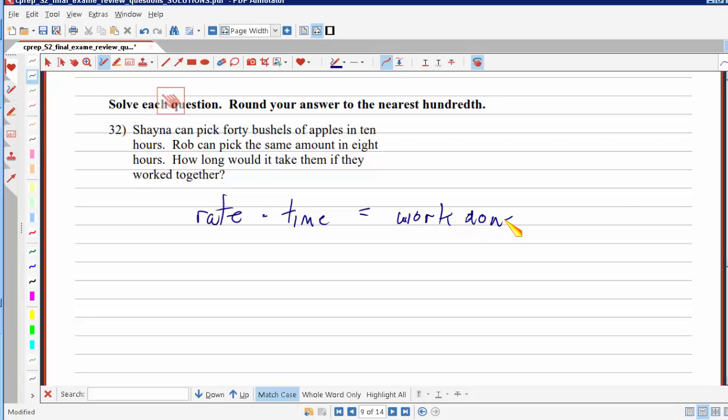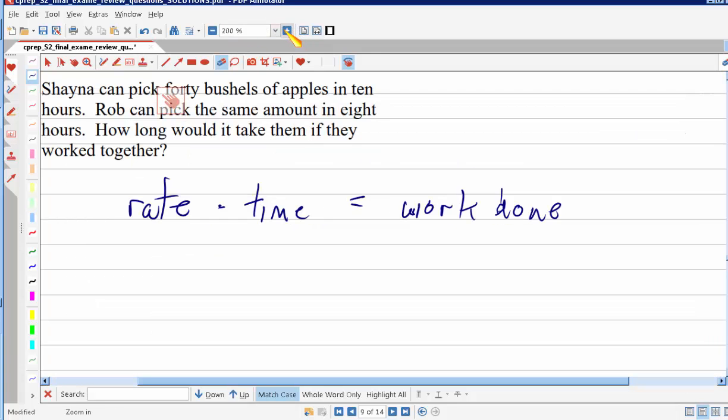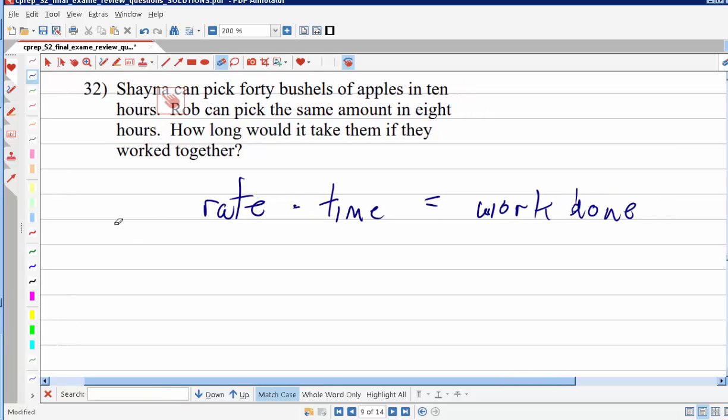So in this case, we have Shayna. She can do 40 bushels in 10 hours. Let me draw my little table. Wow, this is really messy.